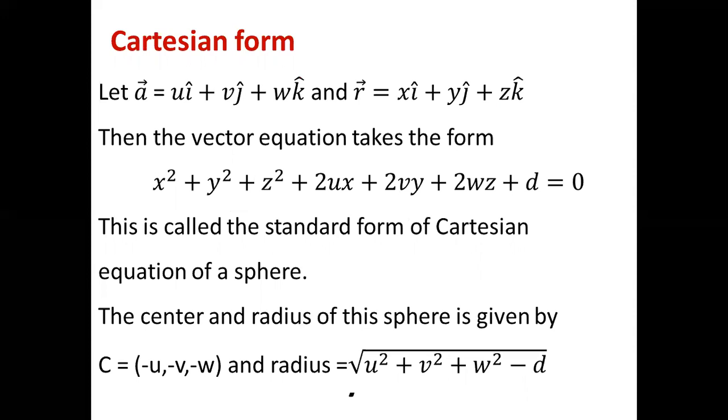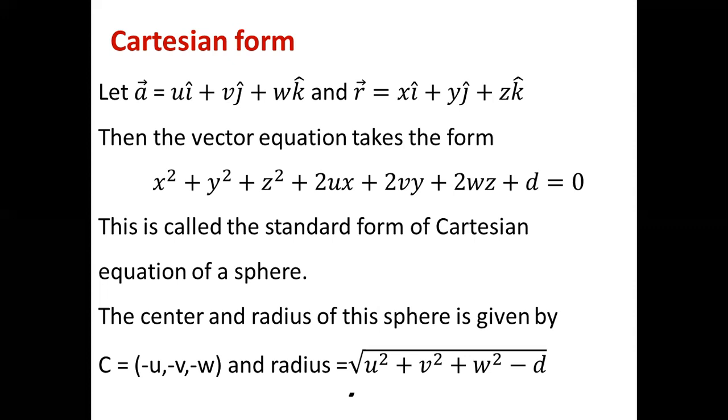We know that the vector equation of a sphere is (r − (−a))·(r − (−a)) = √(a² − d) squared. In this equation, if you substitute the values of a and r and find the dot product, after simplification you get the equation x² + y² + z² + 2ux + 2vy + 2wz + d = 0.